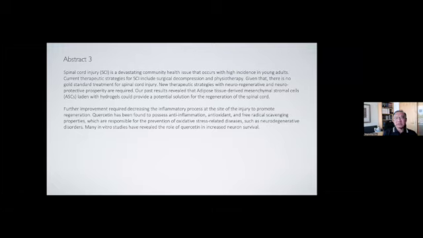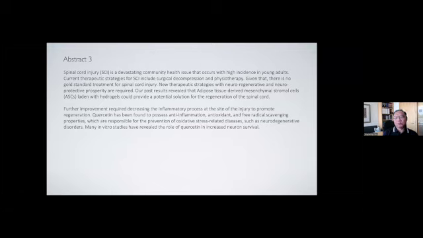Spinal cord injury is a devastating community health issue that occurs with high incidence in young adults. Current therapeutic strategies for spinal cord injury include surgery, decompression, and physiotherapy. Given that there is no gold standard treatment for spinal cord injury, new therapeutic strategies with neuroregenerative and neuroprotective properties are required. Our past results reveal that adipose tissue-derived mesenchymal stromal cells laden with hydrogels could provide a potential solution for the regeneration of the spinal cord.